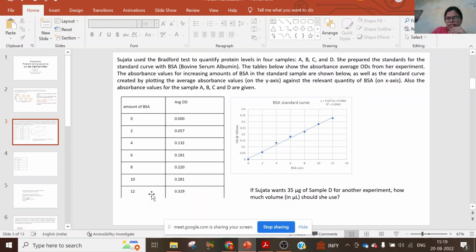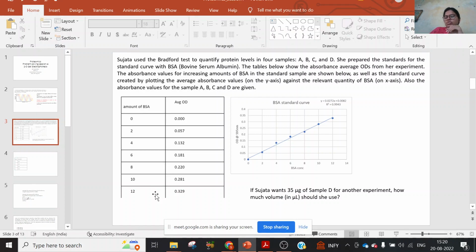Okay, so for Bradford assay, generally you are using 2 microliter of your protein sample, whenever you are performing the Bradford test. Whatever amount you got for protein D, someone has answered 11.02 microgram, which is correct. That much amount is present in your 2 microliter of sample, because you are using 2 microliter of your protein sample for your Bradford assay.